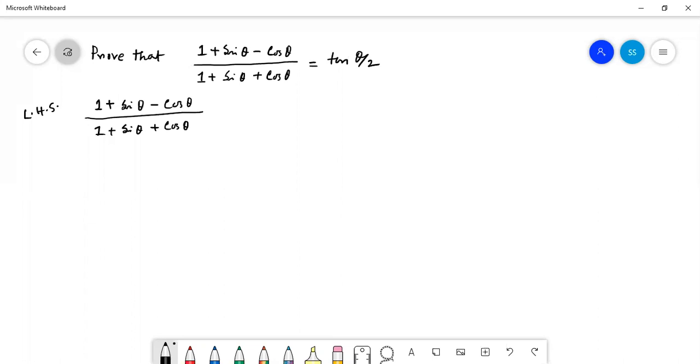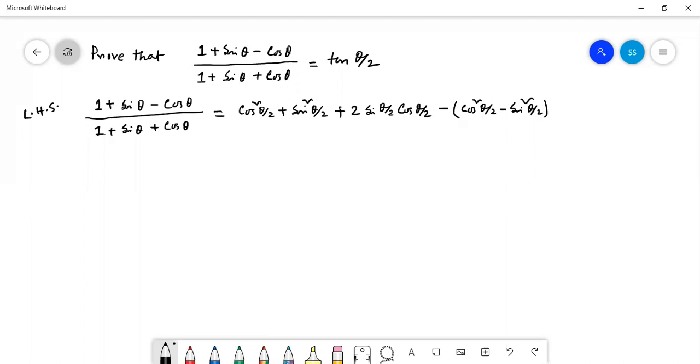So 1 can be written as cos square theta by 2 plus sin square theta by 2, plus sin theta means 2 sin theta by 2 cos theta by 2, minus cos theta means in sub multiple angle cos square theta by 2 minus sin square theta by 2.